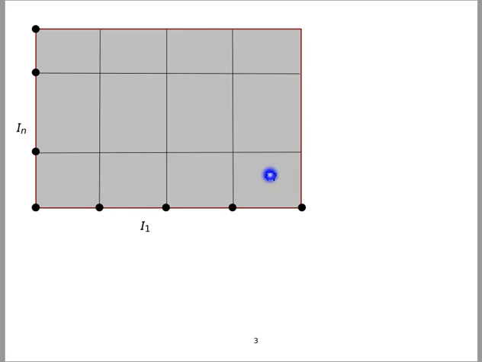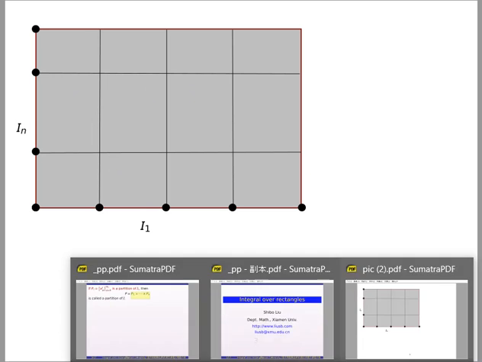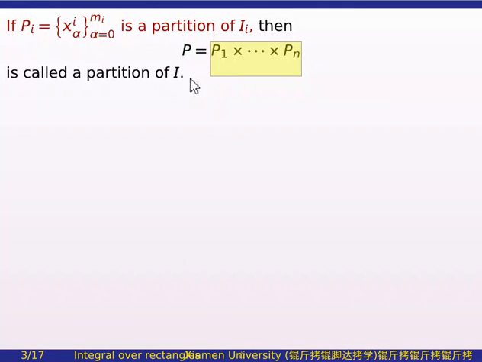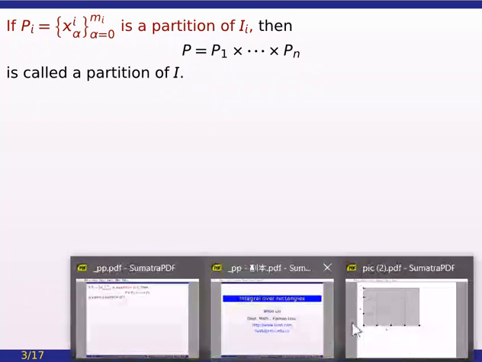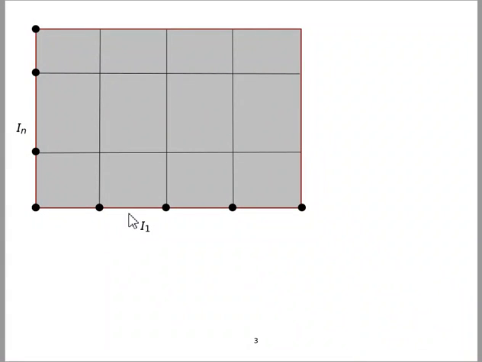So this is 12 rectangles. But in notation, P1, P2, ..., Pn are the partitions of the edges of the rectangle. Here P1 is the horizontal 5 points, and P2 consists of the 4 vertical points.